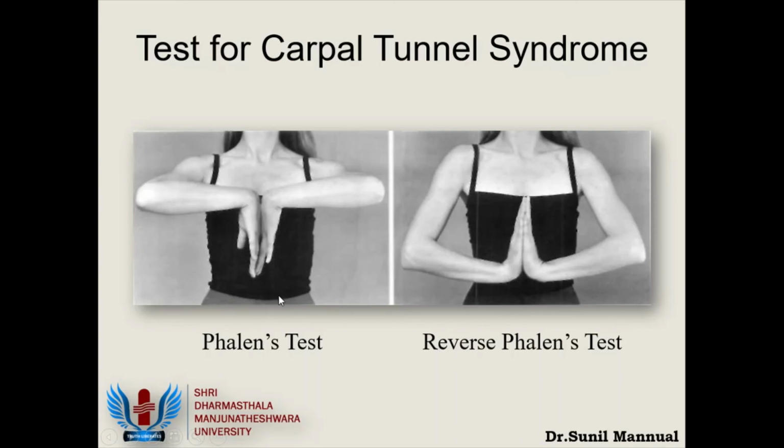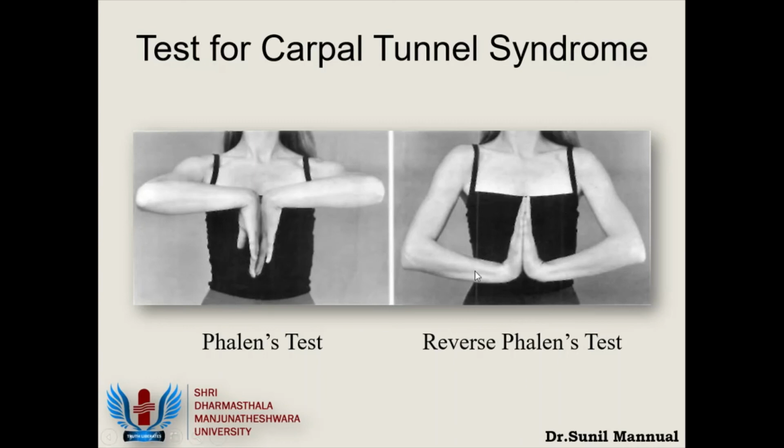So by dorsiflexing the wrist or by palmar flexing the wrist for a prolonged period of time, that is between 30 and 60 seconds, if the symptoms that the patient experienced previously tend to come back, then the test is positive. So when you do the volar flexion of both the wrist, then it would be called a phalanx test.